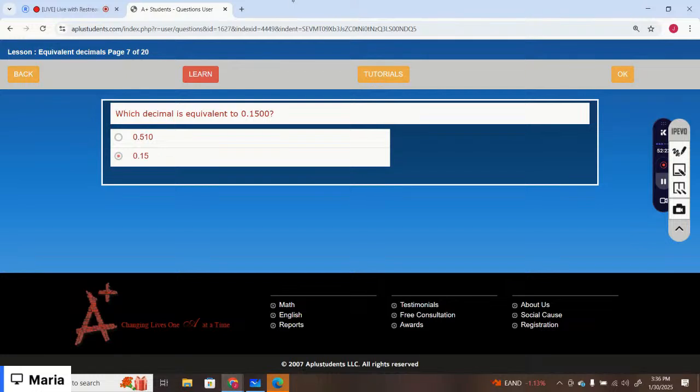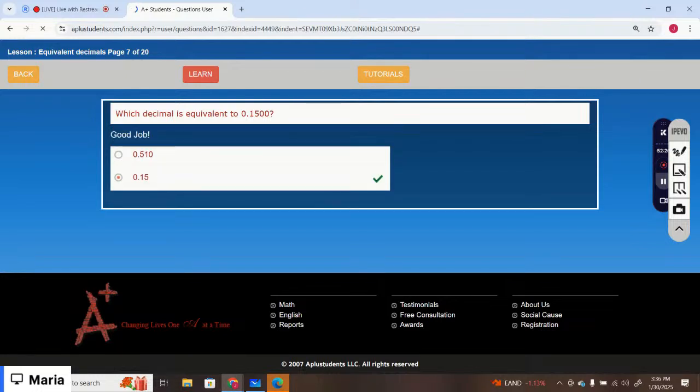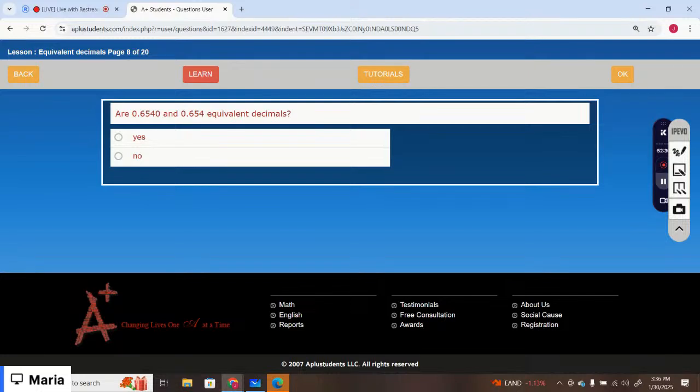That is 0.15. Option number two is the correct option. The correct option is yes, they are equivalent.